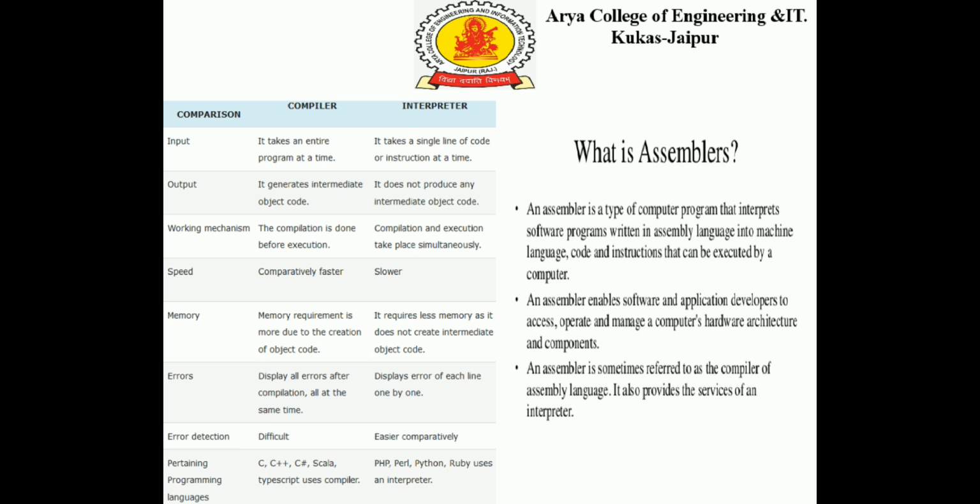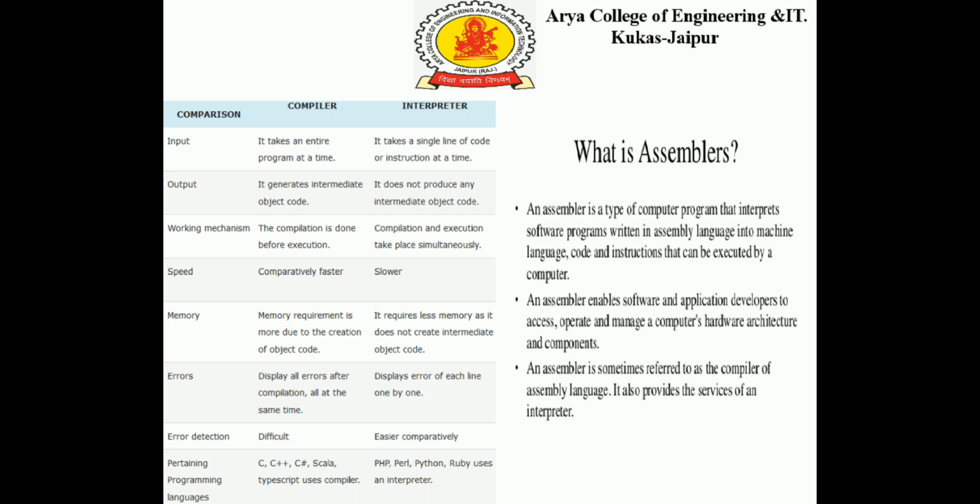On the other hand, we can see what an assembler is. An assembler is a type of computer program that interprets the software program written in assembly language. Like compilers and interpreters, the assembler is used to translate the program written in assembly language into machine language that is ready to be executed.